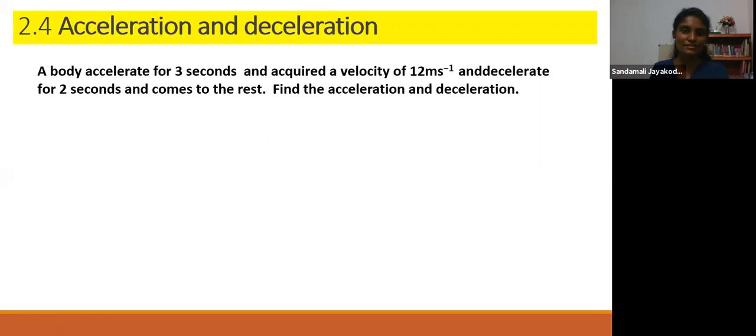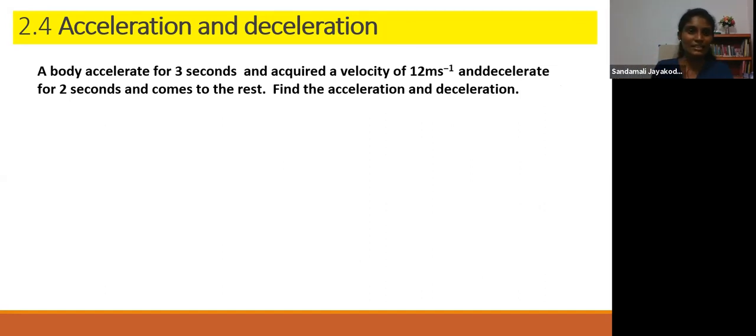To find the acceleration, what should we use? Can you both tell me how to find it? What equation do we use? Acceleration equals... Acceleration means the velocity is increasing.